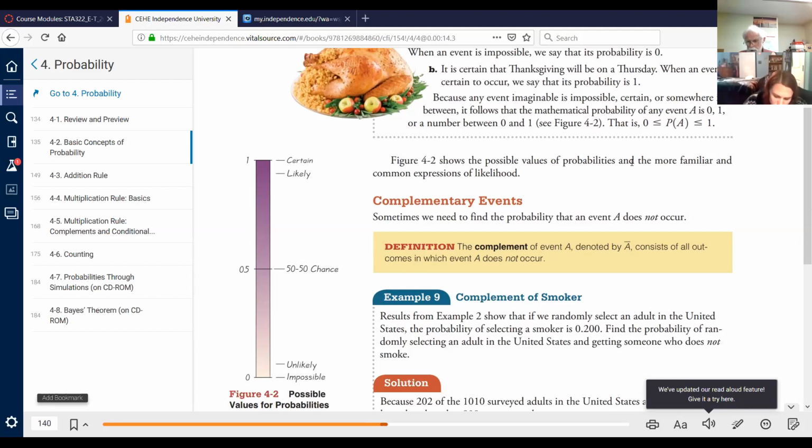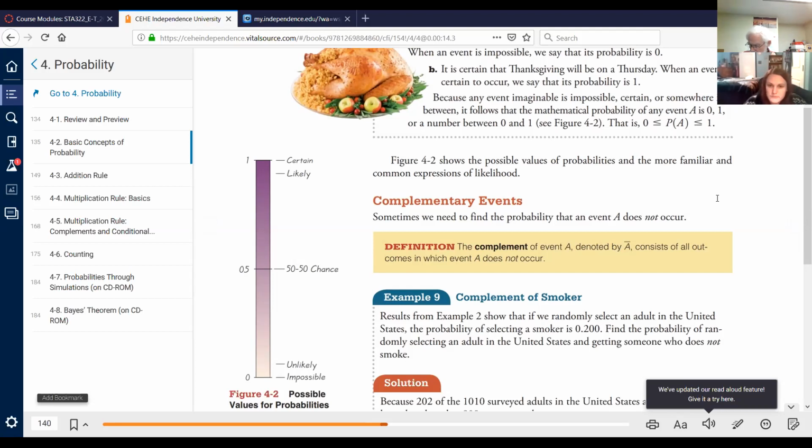The probability of getting anything other than a 6 is 0.833 or 5 out of 6. Okay, because there are 5 non-6 events that can occur with equal probability. Note that if you add up 0.167 and 0.833, it adds up to 1.0.